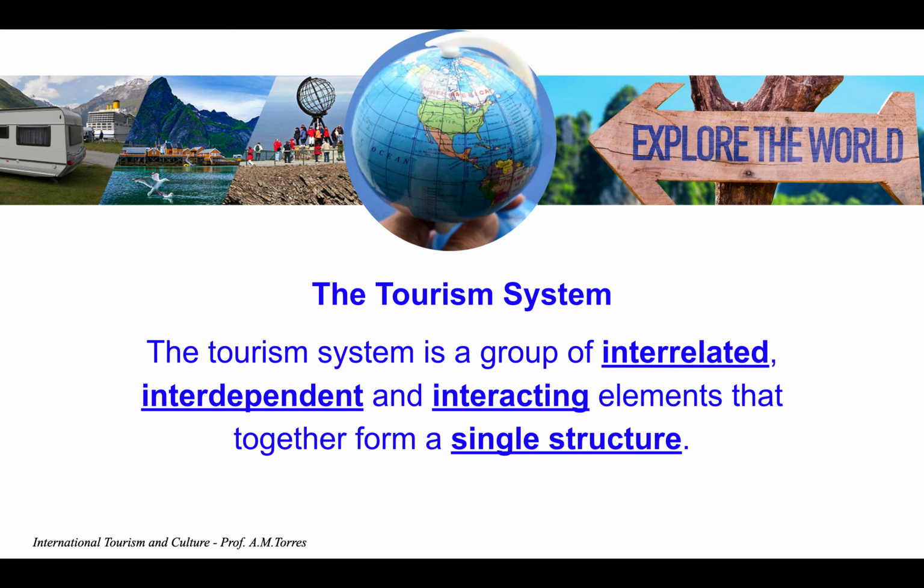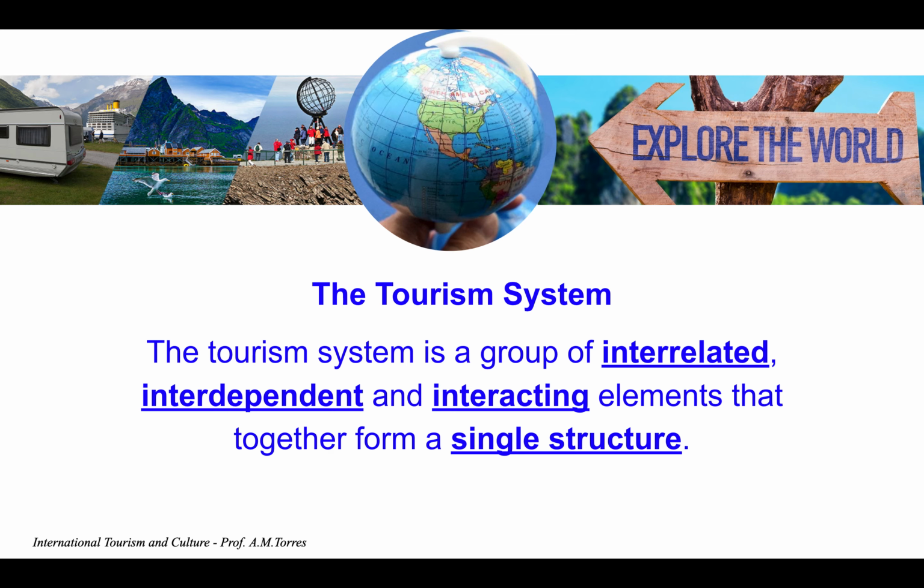And so, there are restaurants that are present within the destination to provide food for tourists. So, in other words, the other members of the tourism system that I have recently mentioned, transportation, the destination or the attraction, and even the food, are part of the single structure, which is tourism.